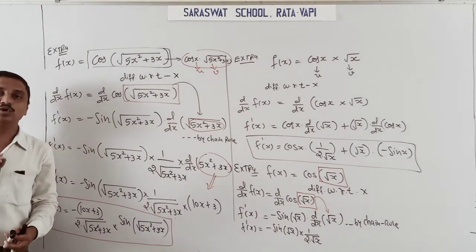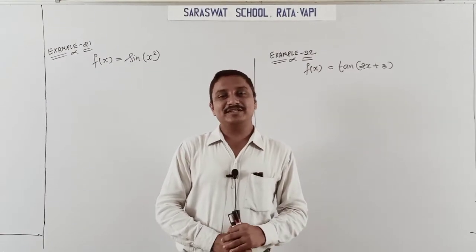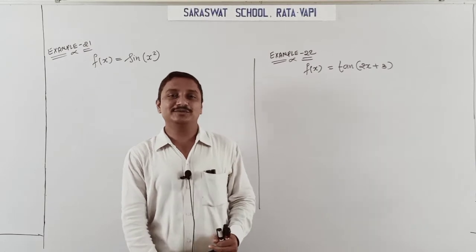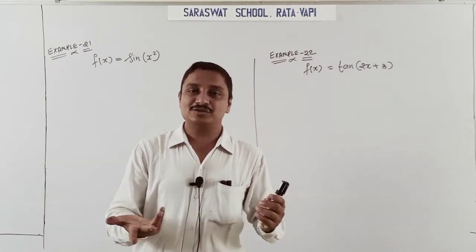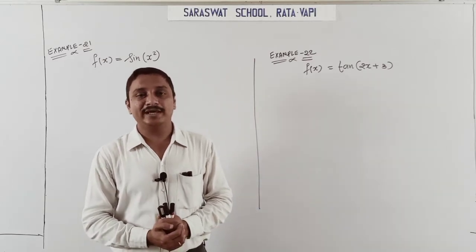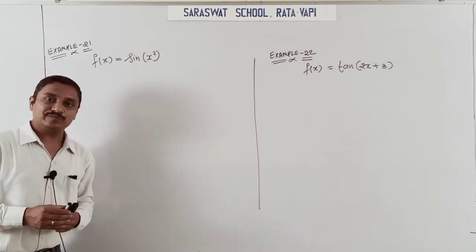Now students, I go to the textbook illustrations. Now students, I slowly go to our textbook example. Up to illustration 20 I already explained, students. Today I am going to do the derivatives related to our textbook examples 21 and 22.